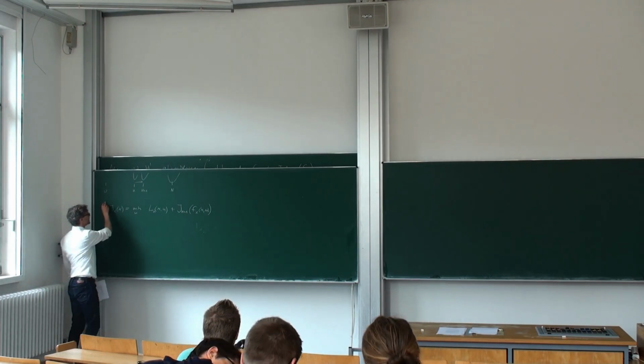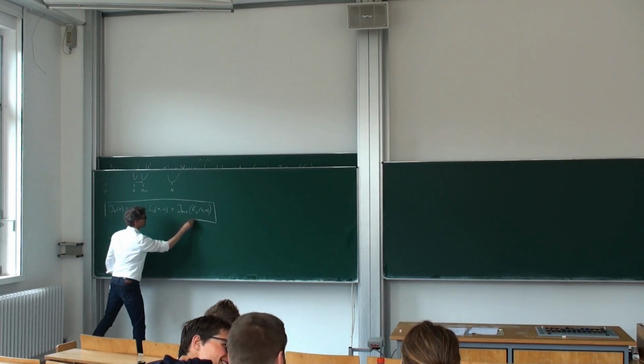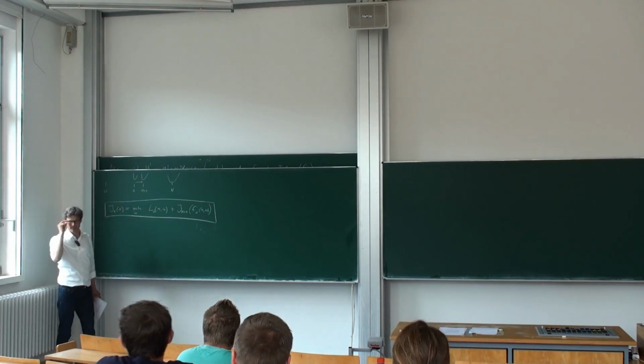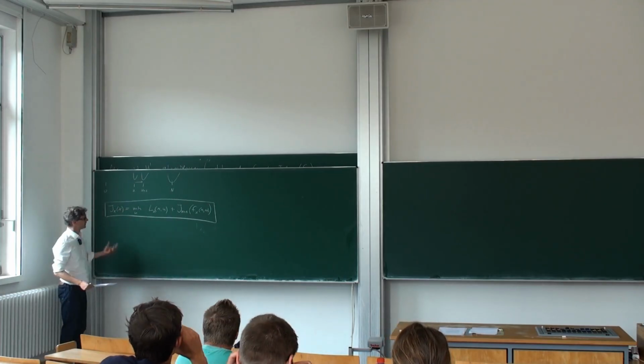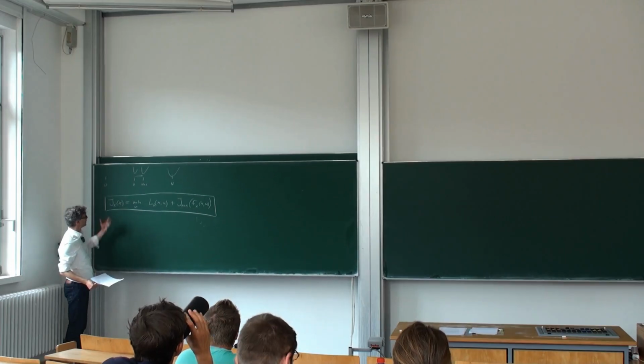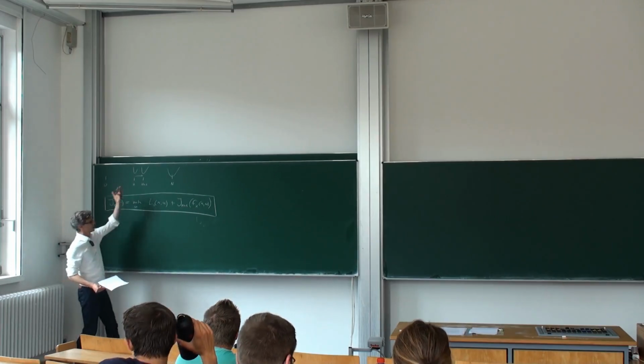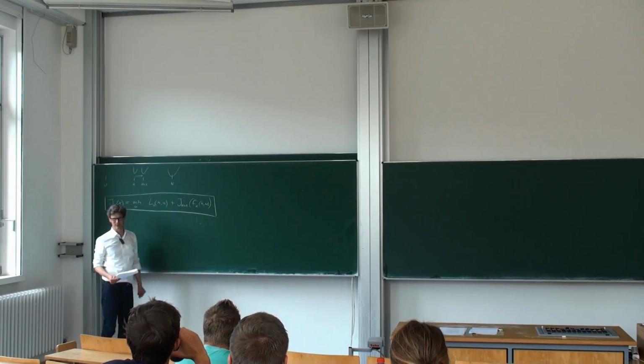So this is the main equation I would like you to keep in mind, and that is the essence of dynamic programming: you obtain the optimal cost to go as a function of the next cost to go.